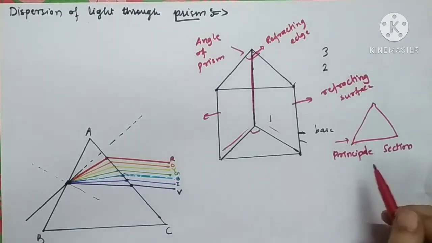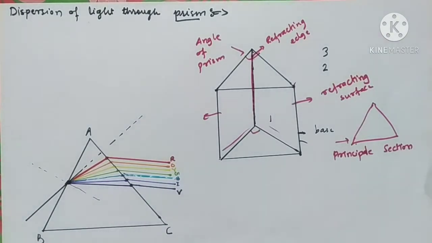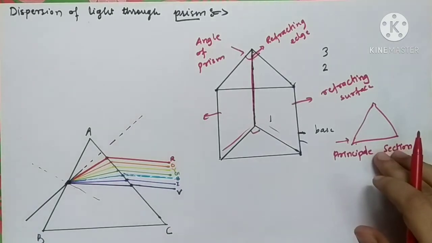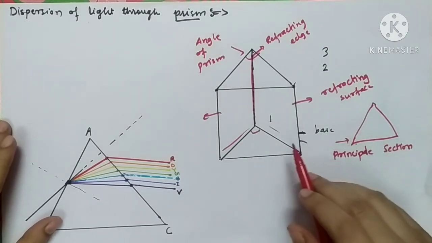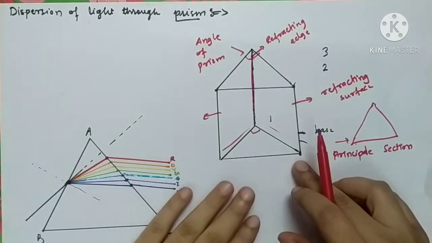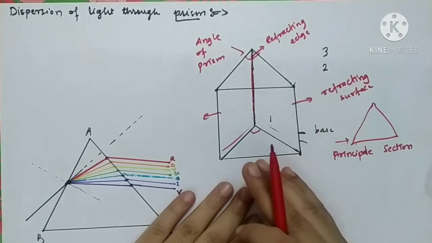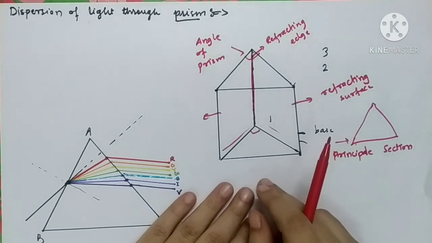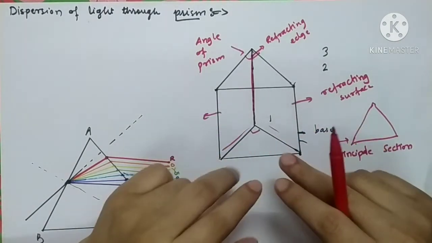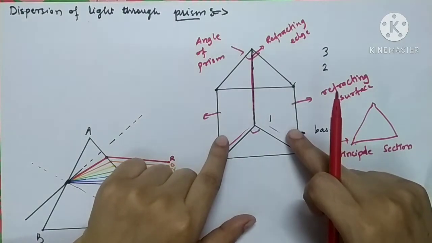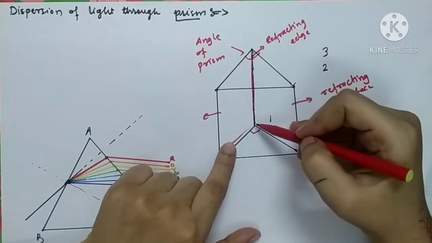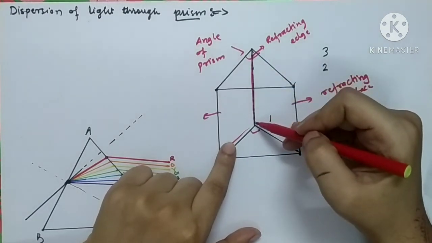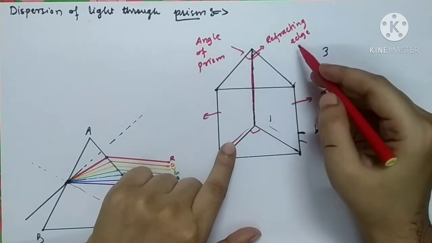So far we have studied various parts of the prism. Let us recall these parts because we will have to study them in more detail. A prism is a glass material bounded by three rectangular surfaces and two triangular surfaces. The two refracting surfaces are formed by any two of the rectangular surfaces, and these are joined together by a line called the refracting edge.